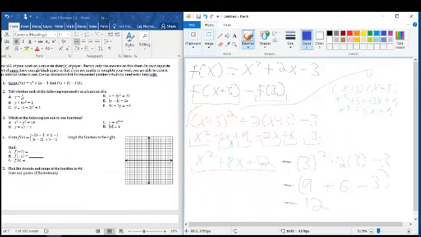And when you have x squared plus 8x plus 12 minus 12, these 12s are going to cancel out. Positive 12 and negative 12 cancel out. The final answer is going to be x squared plus 8x. So that will be the final answer.